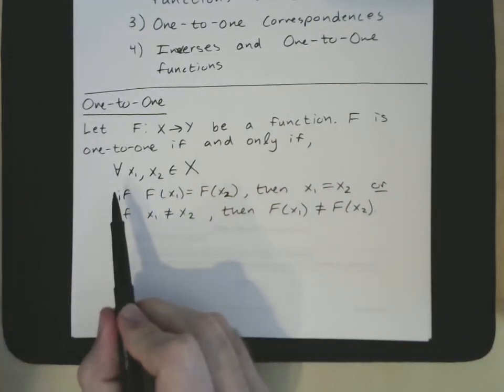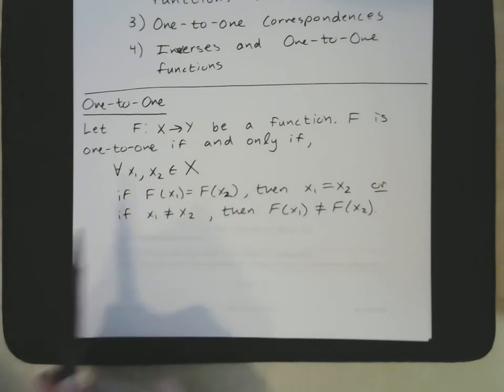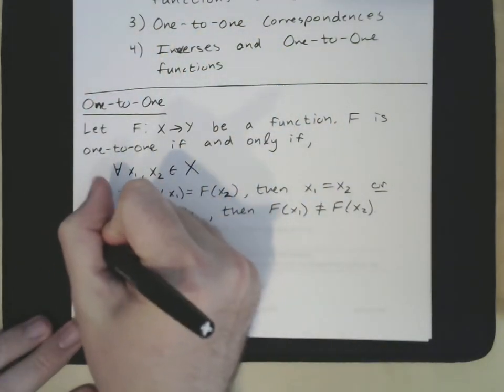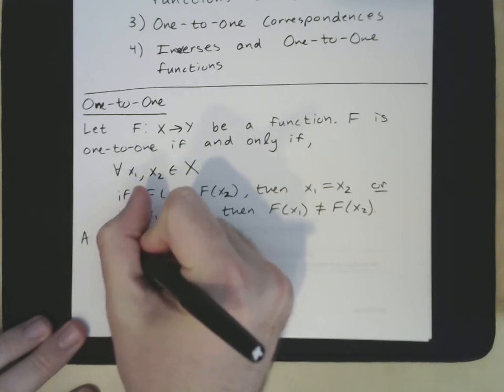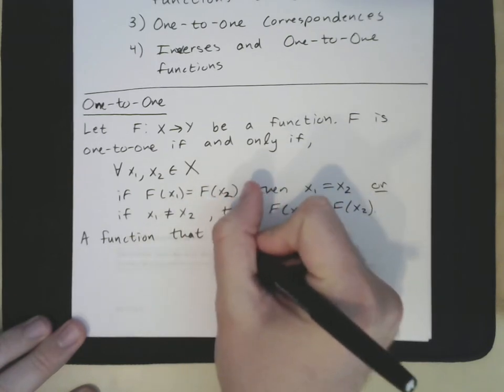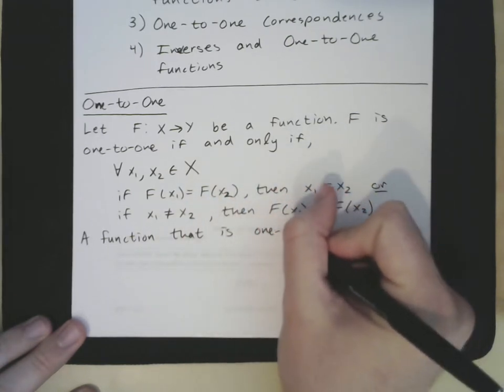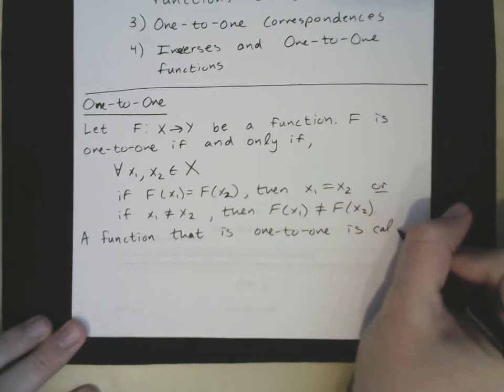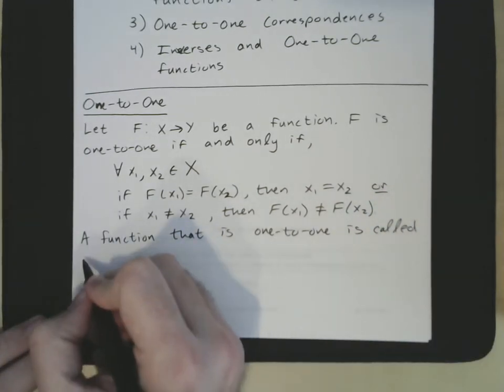Now, primarily we use this first property, f of x1 equals f of x2 means that x1 equals x2, to prove that a function is one-to-one. Now, we typically don't use the terminology one-to-one moving forward. A function that is one-to-one is called injective.